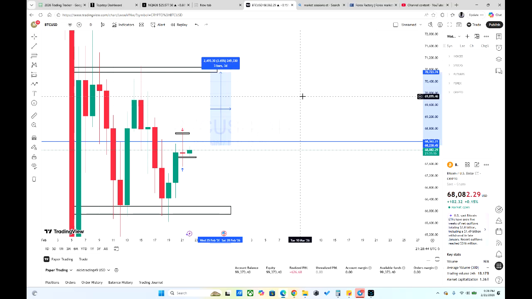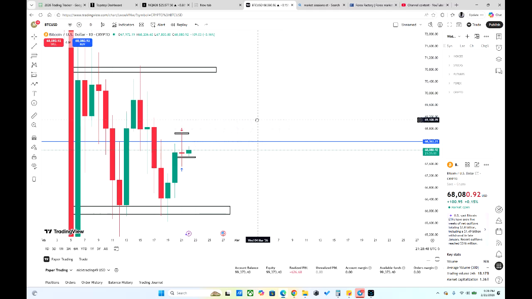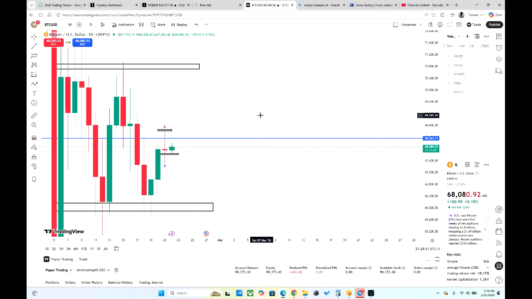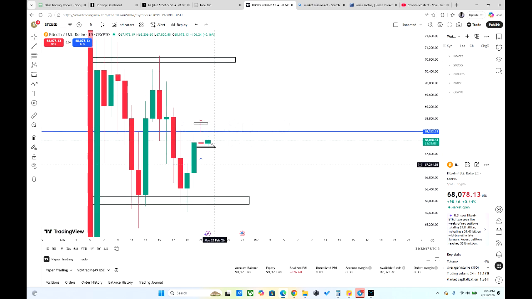We take that. We want some out of that. Now the daily is used to identify the zones for the direction where you want to concentrate on taking trades. So we concentrate on taking trades moving up, not down.